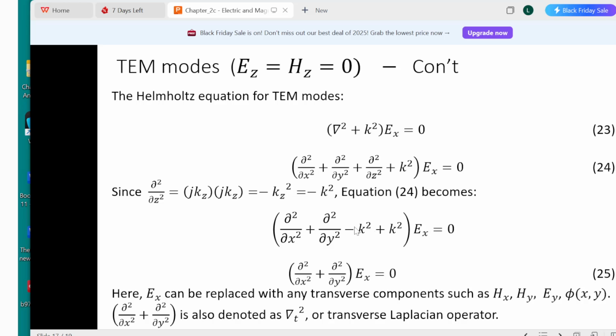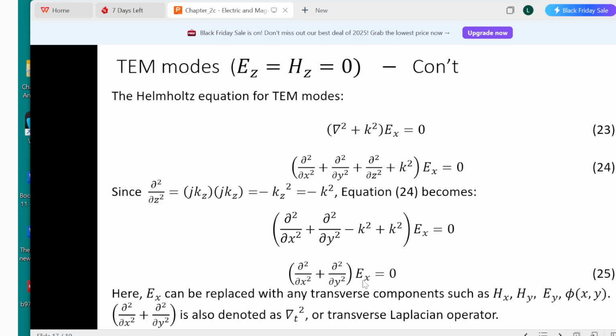So when you further derive the Helmholtz equations, you will end up with this, and the Laplacian operator will have only two components, which is also the so-called del of t squared.